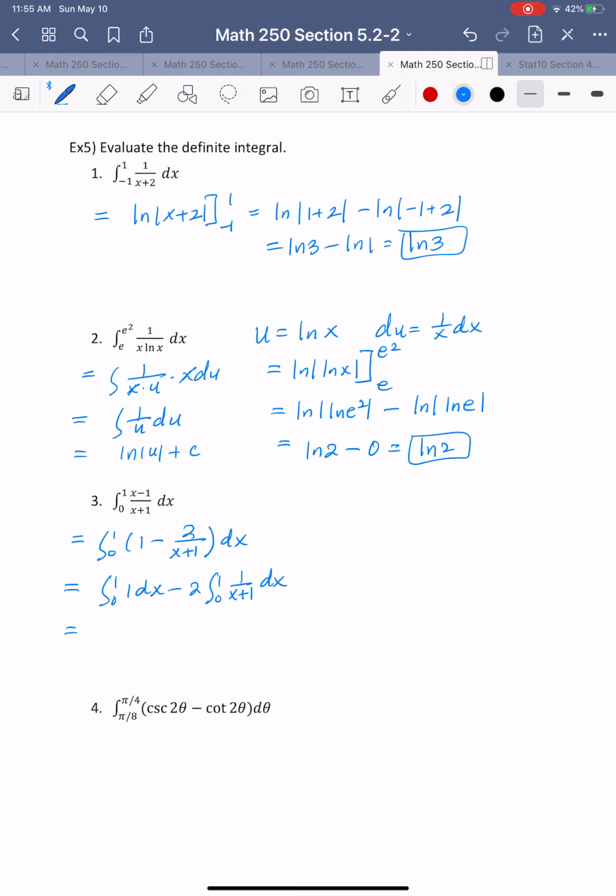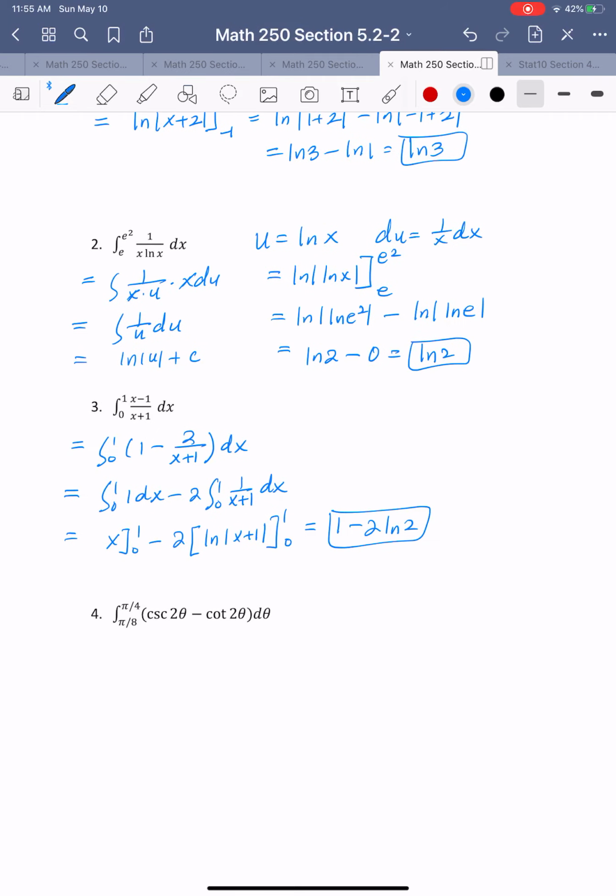And then I get the first, and the second one, 2 times ln of x plus 1 from 0 to 1. Then when you plug it in, you get 1 minus 2 ln 2.